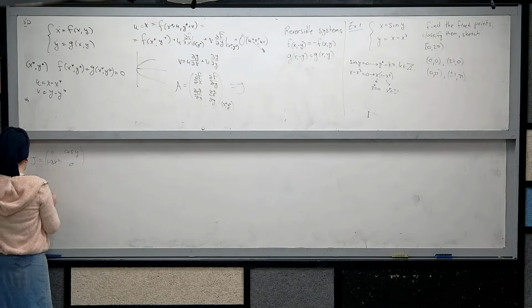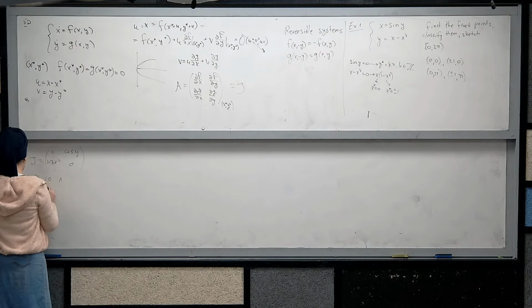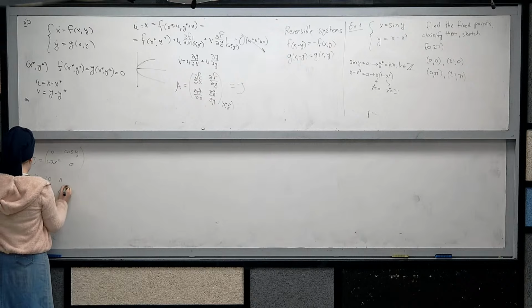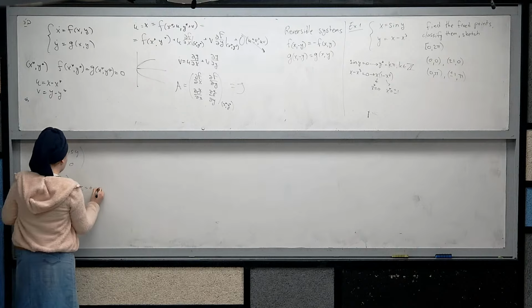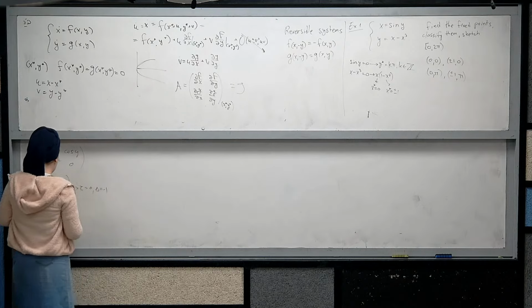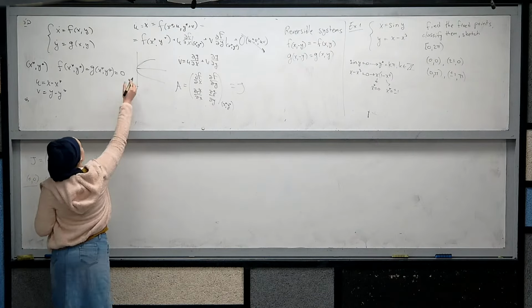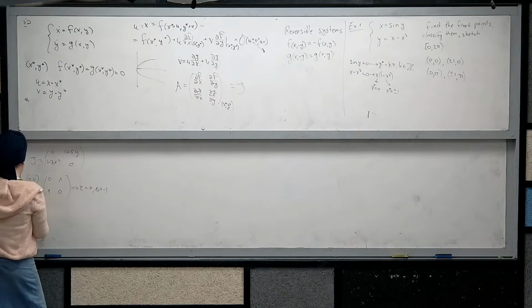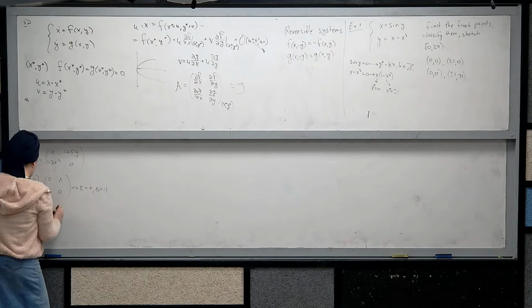For (0,0), we have 0, 1, 1, 0. That means tau equals 0 and delta is minus 1. So it will be in this area, right? It is a saddle node.